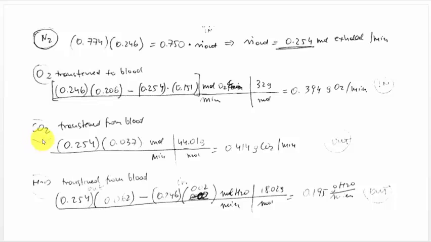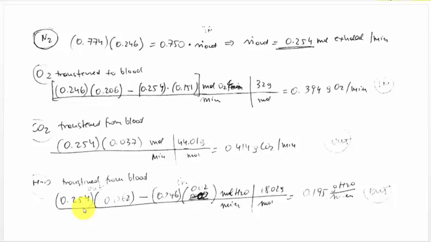For the carbon dioxide balance, we have only carbon dioxide out, since carbon dioxide in is 0. The molar flow rate is 0.254 times 0.037 moles per minute times the molar mass of carbon dioxide, and this is equal to 0.414 grams of CO2 per minute.